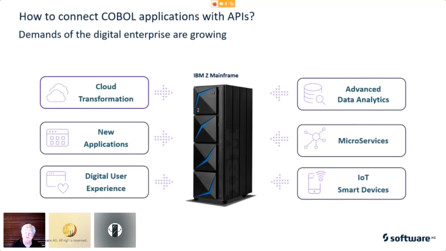And of course, we're starting to see IoT with smart devices. Just in the last month, I have got a smart scale, and I've got a smart dishwasher. So my dishwasher now talks to the internet. So we're starting to see those emerging technologies. And ultimately, we probably need to have that information talk back to our mainframe.